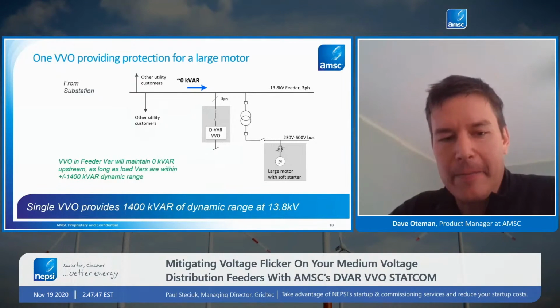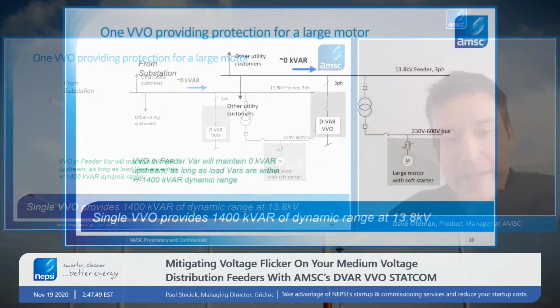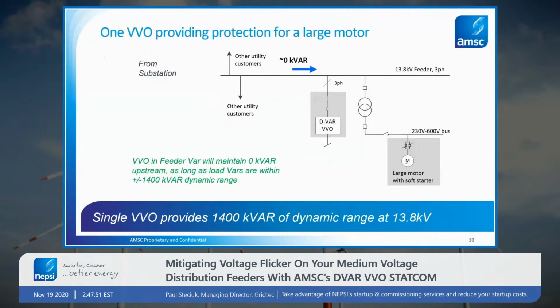That's driven by the ability to operate at 130% overload for up to a minute. In sizing, we're trying to cancel the VARs drawn by the motor so that there's close to zero VAR being sourced by that utility feeder.